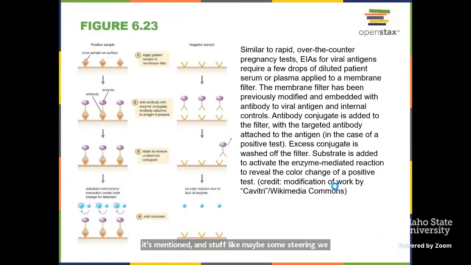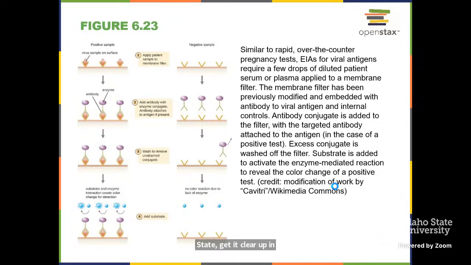Could be saliva. It could be a swab in your nose, right? But either way, we could do some of these things, right? And lots of the COVID tests are a swab in your nose. Dang it, right? You don't want to poke your brain, but you get it clear up in there, right?